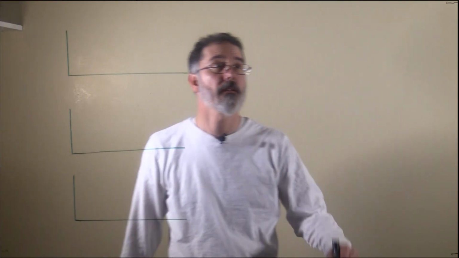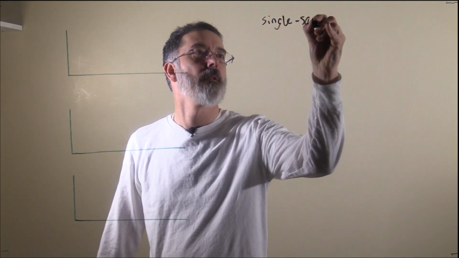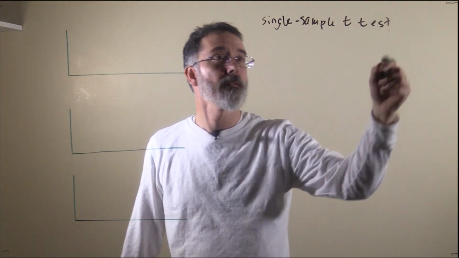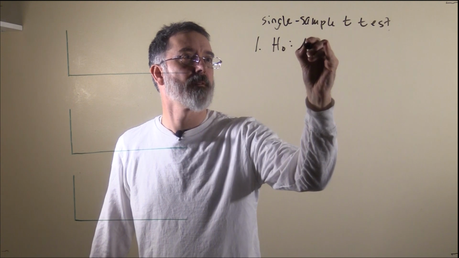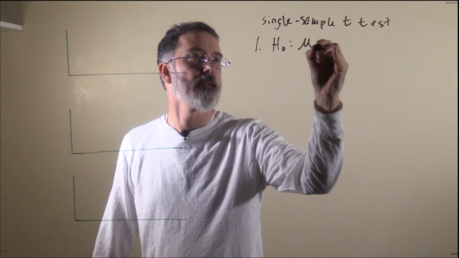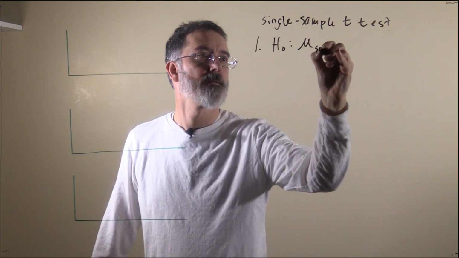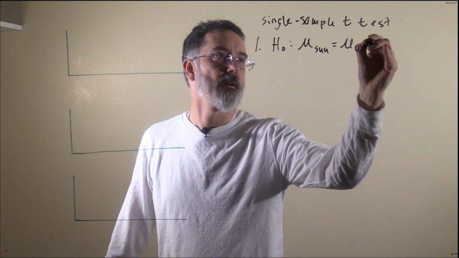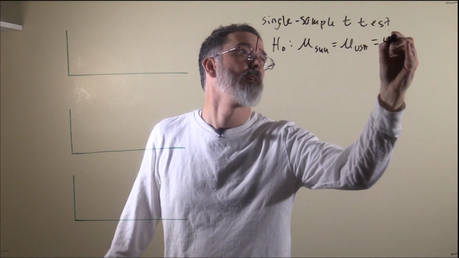All right, so now we're going to work through an example of a single sample t-test. And so to do this, the first step is to write out your null hypothesis, and recall in our case that is that the number of slices of pizza eaten per year by SUU students is the same as that of Americans generally, which is, we're going to say 46.